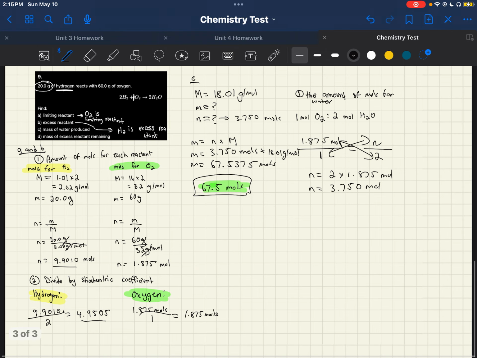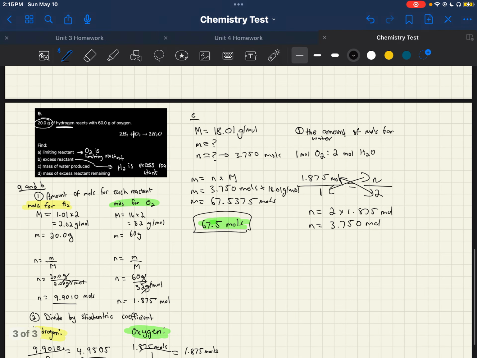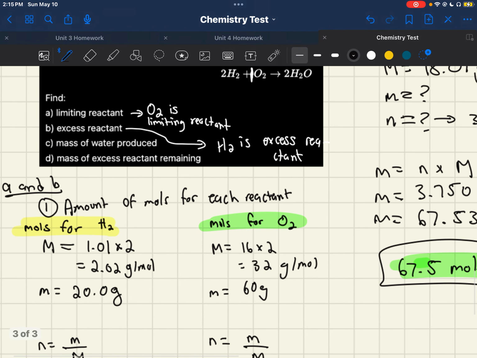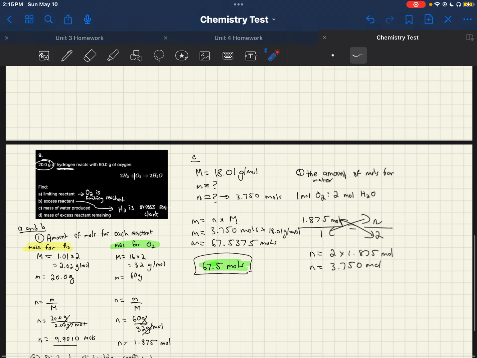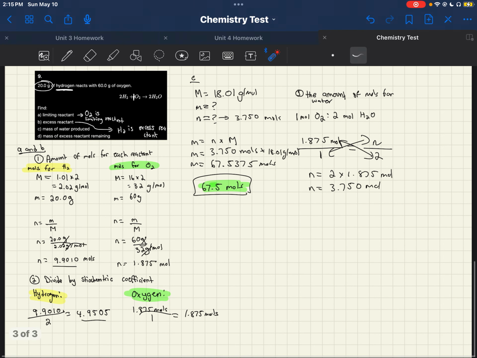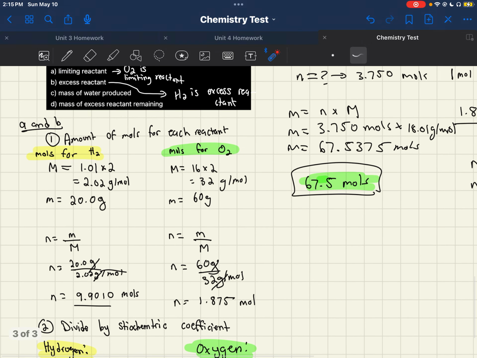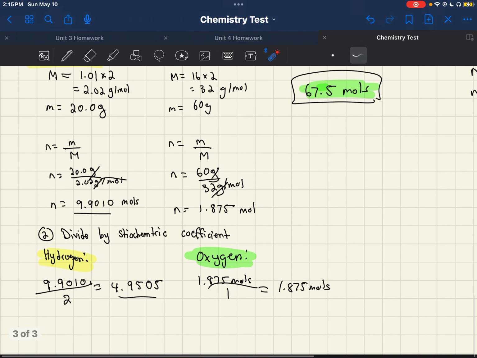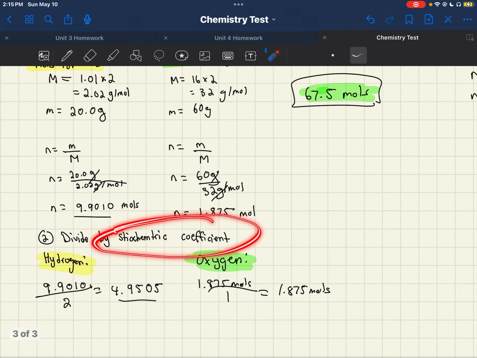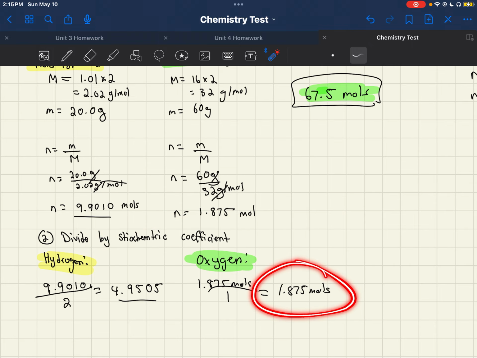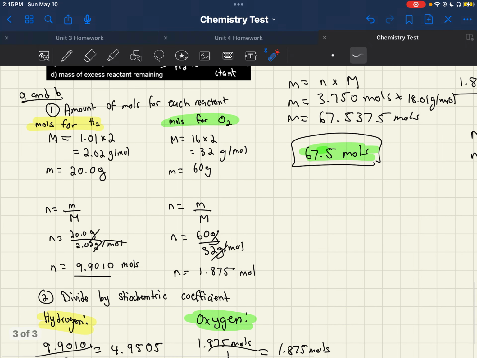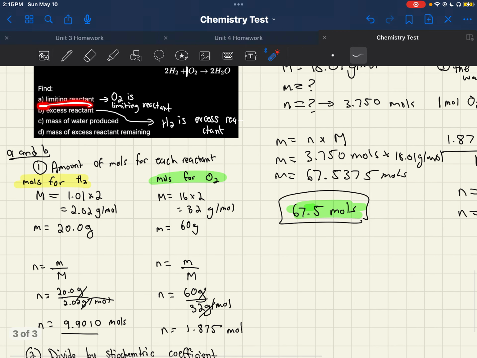So that's how you solve everything over here. I'm going to skip the mass of the reactant remaining because it's pretty straightforward. But that's how you find the limiting reactant: by first looking for the amount of moles and then dividing that by your stoichiometric coefficient, taking the lower count, because the lower count will run out faster, which is exactly what the limiting reactant means, right?